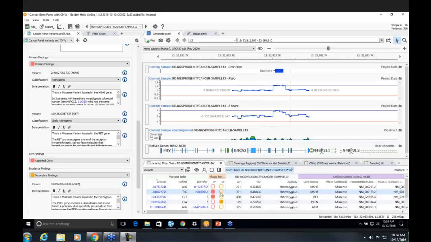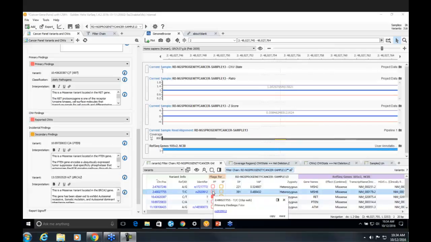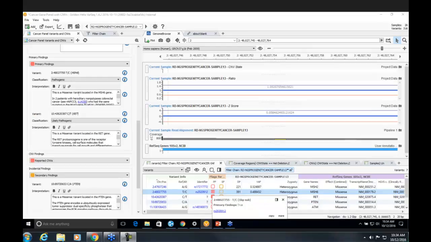Here on the right, you'll notice these two checkboxes, and these checkboxes are used to add variants to a report or remove variants from a report. As I unselect this checkbox, a variant has been removed from our report here on the left. And if I select it again, our variant will be added back to the report.